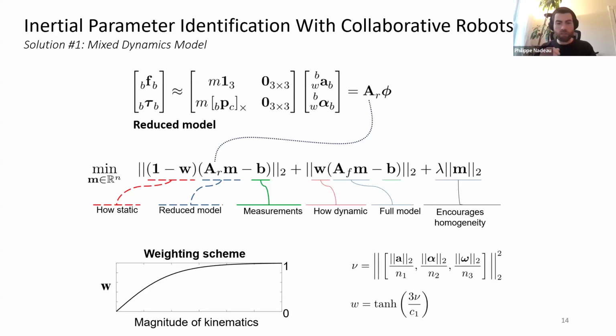So in short, during collaborative operations, the reduced model guides the search for inertial parameters, while the full model is kind of blinded by low signal-to-noise ratios. But when the robot can go faster, the weight of the full model goes toward one, and the robot uses the complete dynamical information to perform the identification.